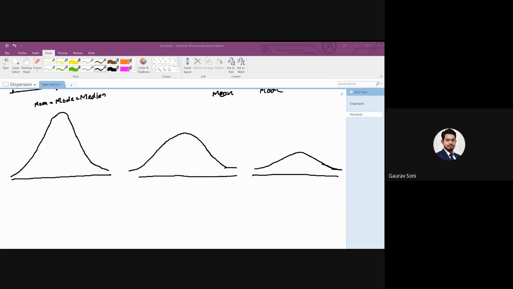What is the difference between the three diagrams? I think the mean, mode, and median will be the same for all these three diagrams. Okay, what is the difference? What is going to be different?